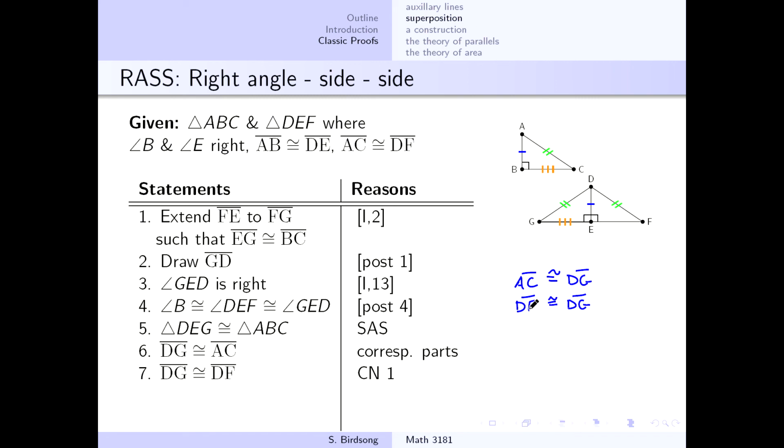I lie. We had DF is congruent to AC. And that gives us that DG is congruent to DF. I jumped ahead there for a second. Alright, which means we now have isosceles.